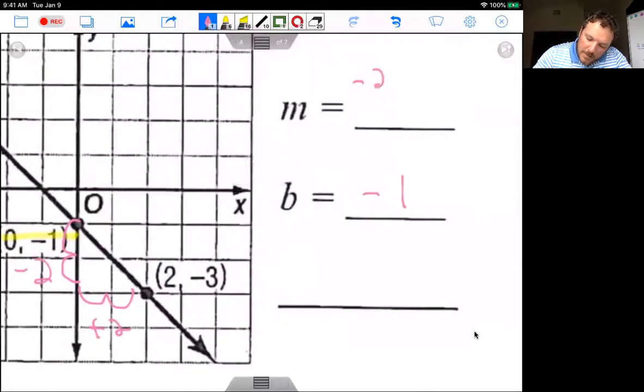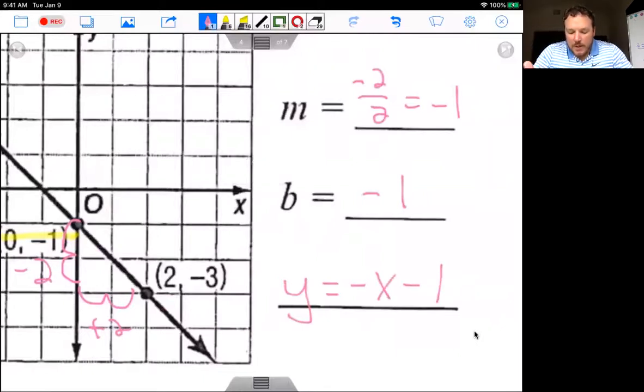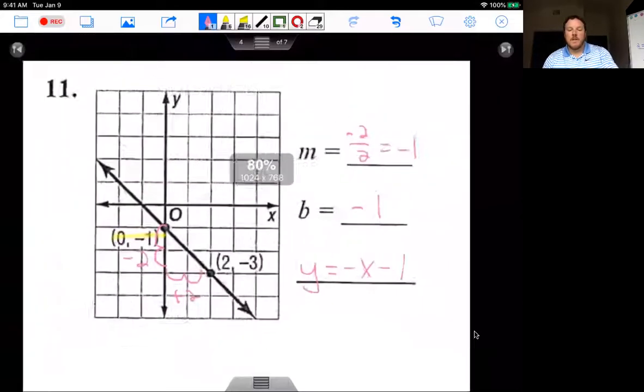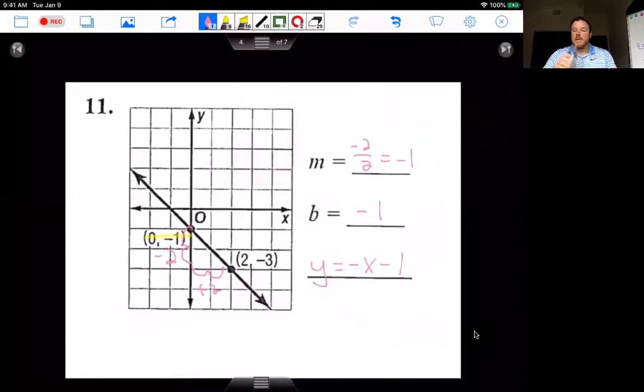So that'd be -2 over 2, which is -1. So my equation would be y equals -x minus 1. With our slope of -1, if you write -1x, that's fine. You're not going to get taken off, but technically you just write it as -x there. Okay, so we got that problem there.